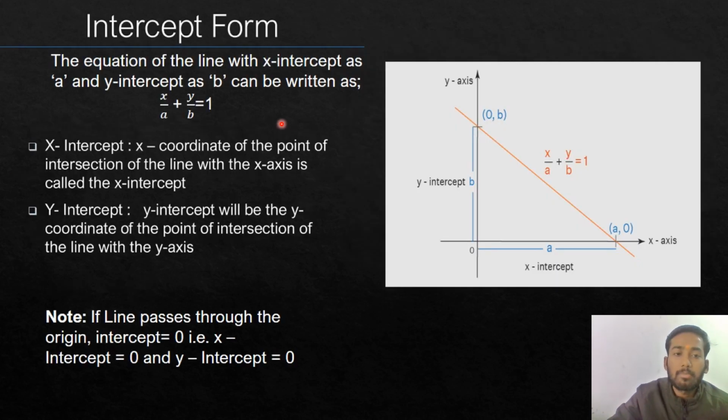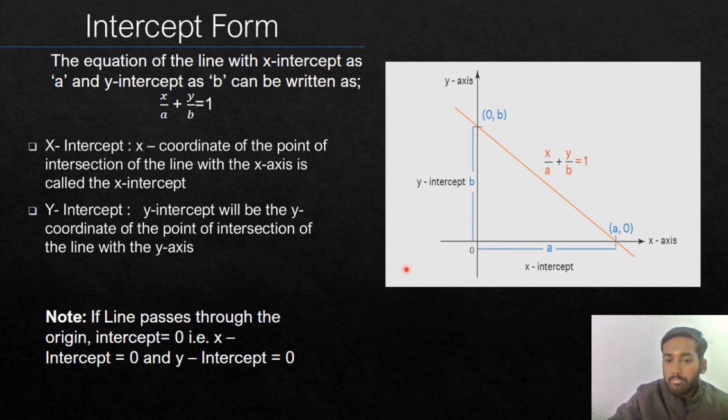Now the intercept form of a straight line can be written as x upon a plus y upon b is equal to 1, where a represents the x-intercept and b represents the y-intercept. You can see in the figure this red line is in intercept form, making an intercept b on the y-axis and an intercept a on the x-axis.